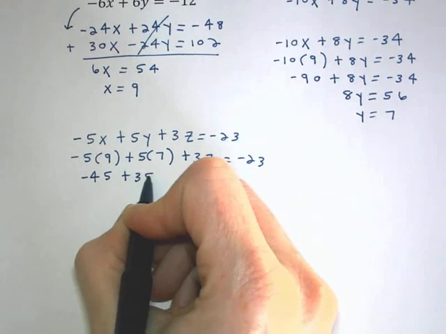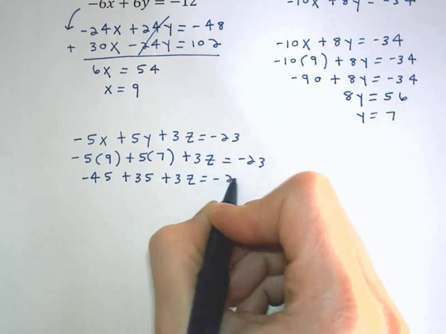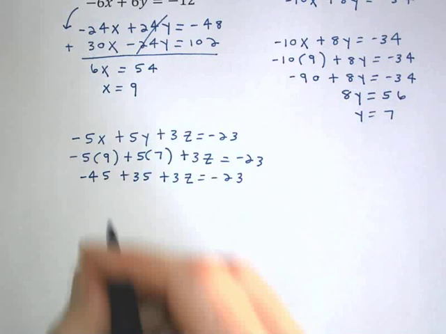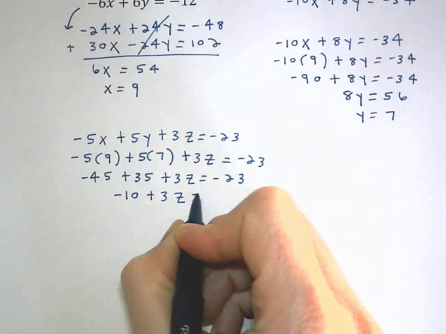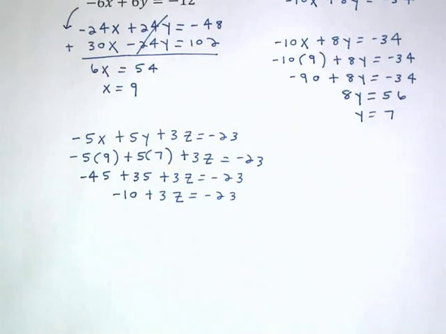So when I do my negative 5 times 9, I get negative 45 right there, and then positive 35 right here. So negative 45 and positive 35, that's just negative 10.